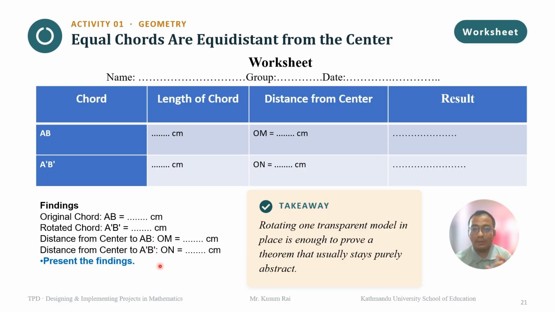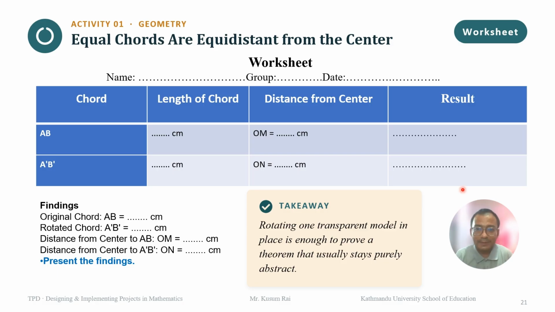Then each group can present its findings in front of the other groups. And at the last, after the activities, we conclude with our takeaway: rotating one transparent model in place is enough to prove a theorem that usually stays purely abstract.